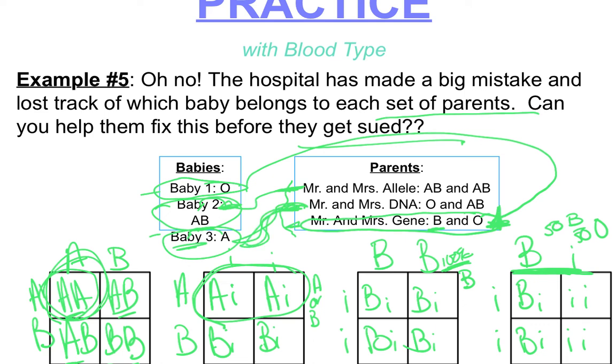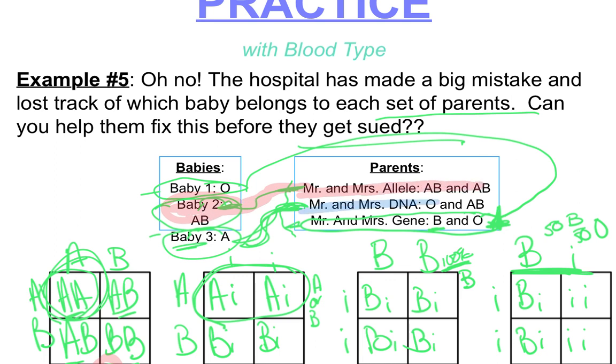If you're not careful, you could see that couple number 1 could have baby 1 or baby 3. But they're the only ones that had type AB blood available, so their baby is baby number 2. So this baby belongs to this couple.